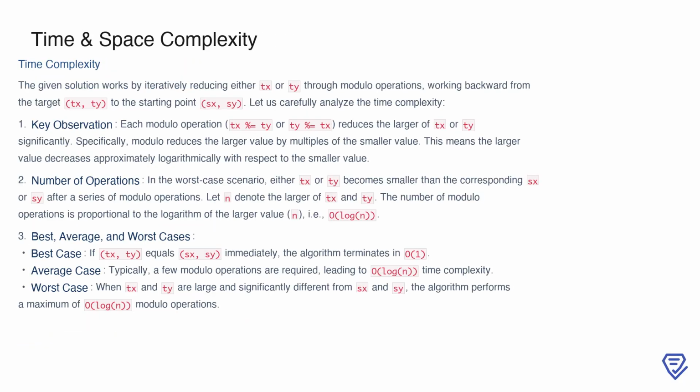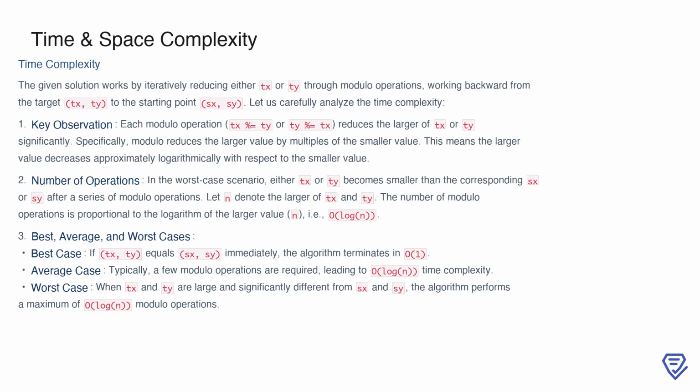To analyze the time complexity of our solution, we focus on how the algorithm iteratively reduces either tx or ty using modulo operations. By starting from the target point (tx, ty) and working backward toward the starting point (sx, sy), we observe that each modulo operation significantly decreases the larger value. Specifically, the larger value is reduced by multiples of the smaller value, leading to an approximately logarithmic decrease.